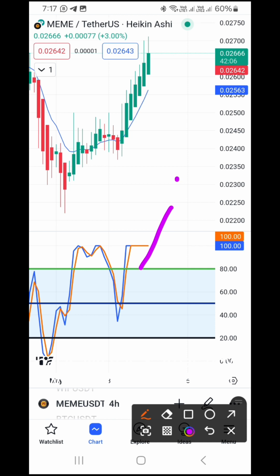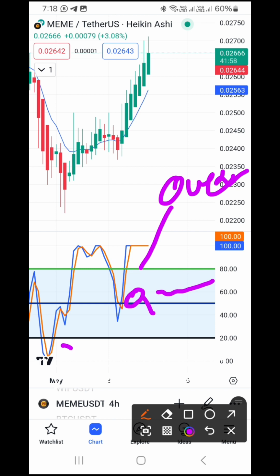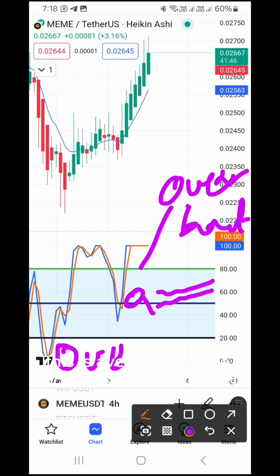Where it is down is oversold. In the middle, average sold. Up here, I'm sorry, this is overbought. This is average bought. This one is oversold. When it is down, it is oversold.